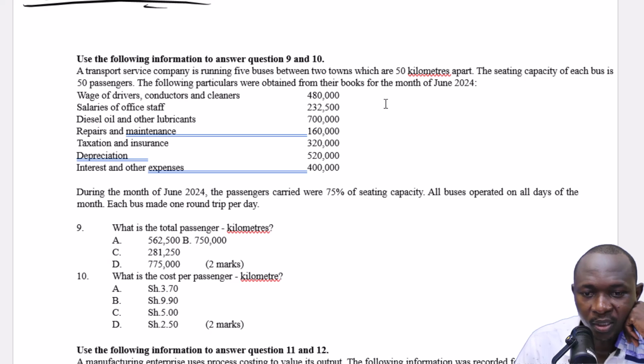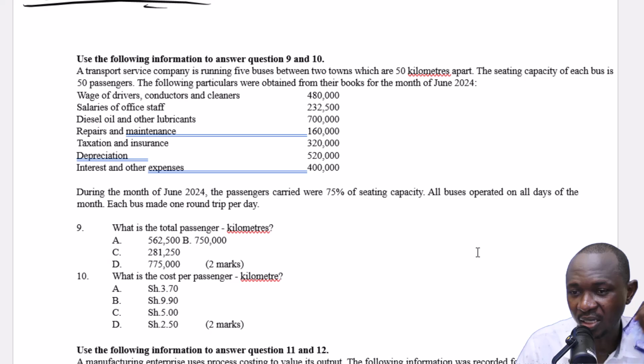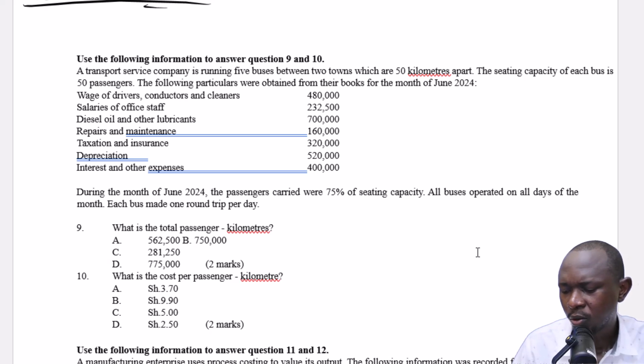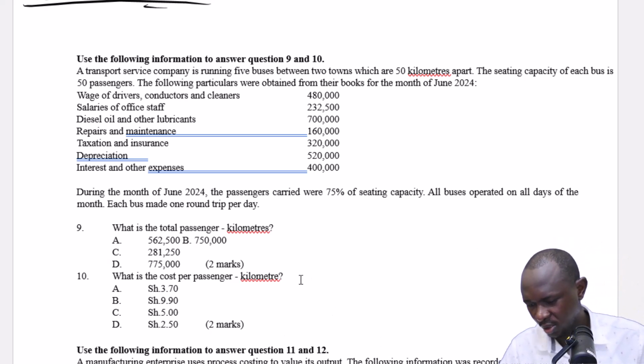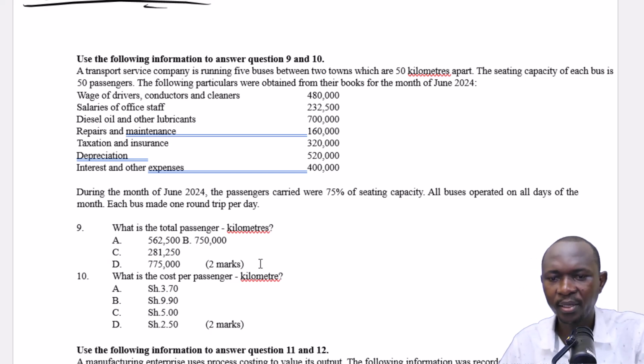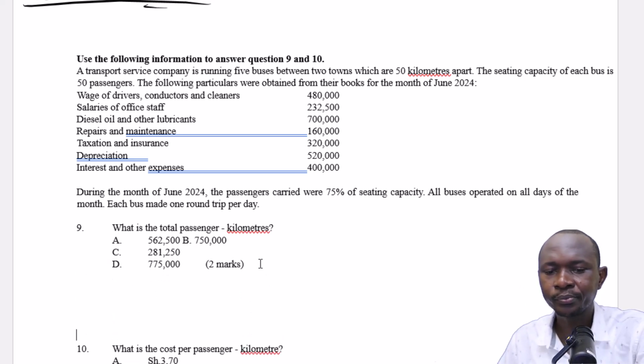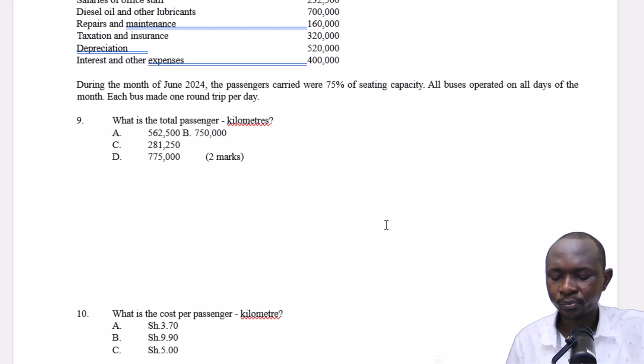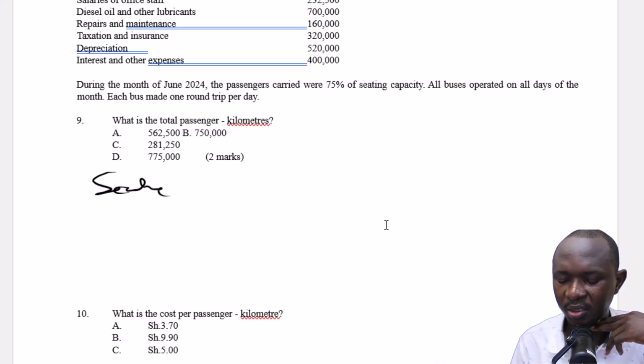So, during the month of June 2024, the passengers carried were 75% of seating capacity. So, let's start. Seating capacity is 50 passengers.